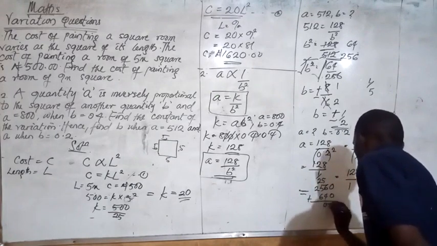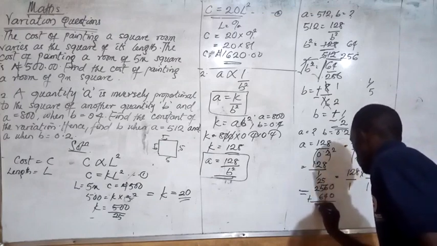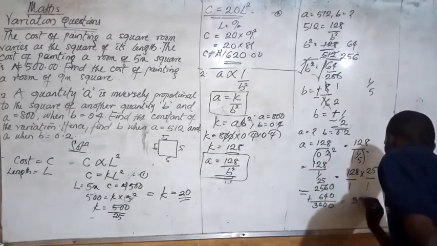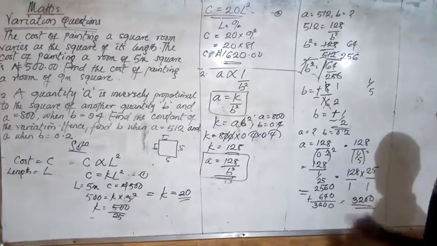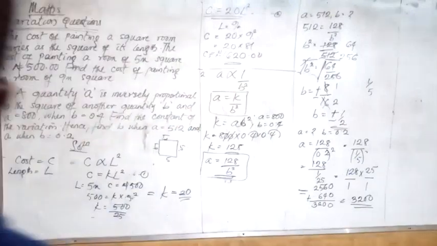So the answer is 3,200, and that is our A value.